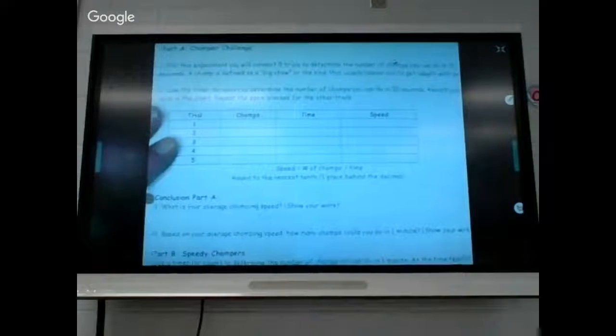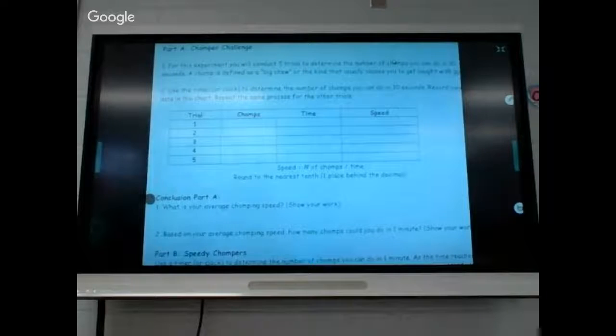You're going to do them in 30 seconds. So you've got a lovely clock up here with a second hand. You're going to watch 30 seconds tick by. You're going to count the chomps of the gum. That's going to be your distance for the purposes of this lab. So you're going to chew and chomp.